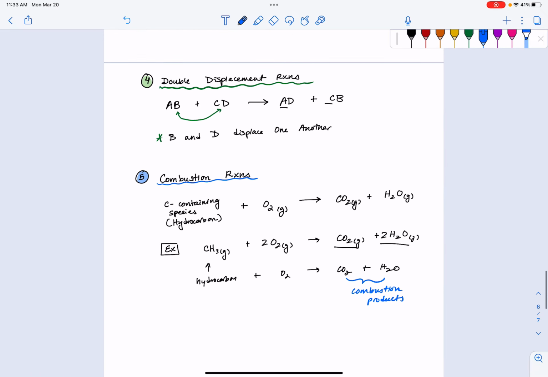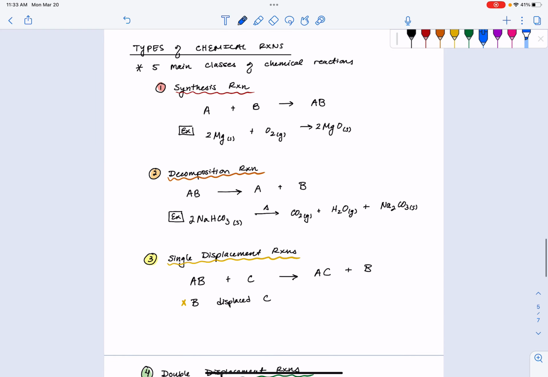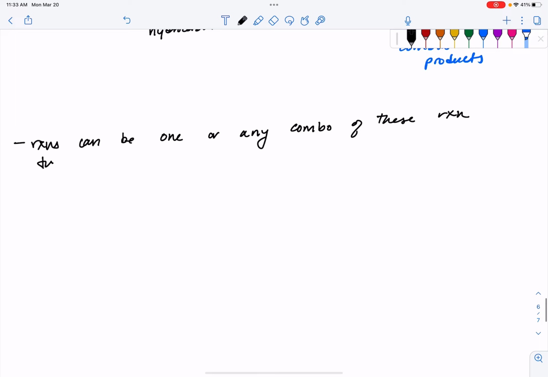So any chemical reaction you encounter is likely going to be one of these main 5 types. And if it's not just one of these 5 types, then it's probably going to be a bunch of them in series. So let's wrap up our video by saying that reactions can be one or some combination of these reaction types.